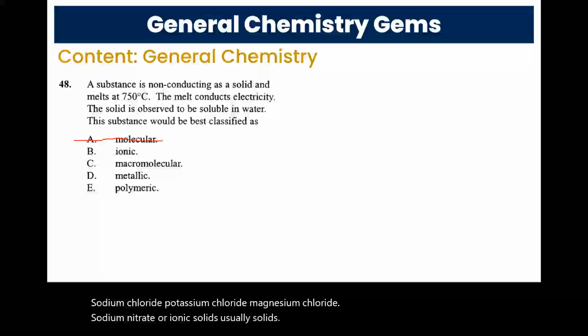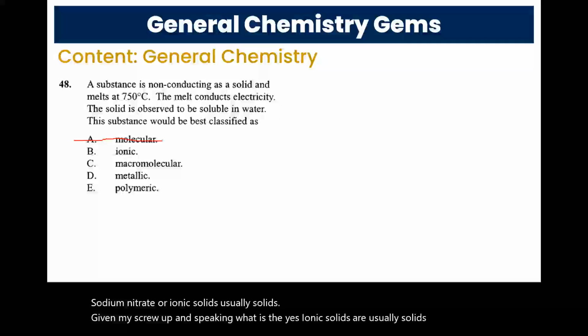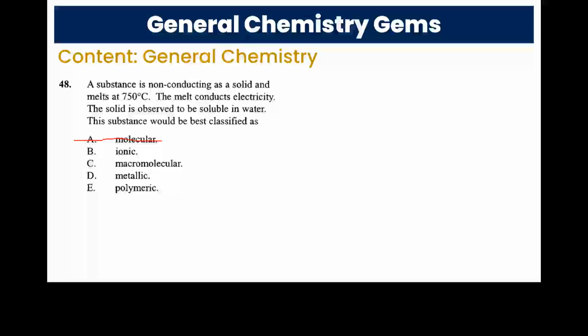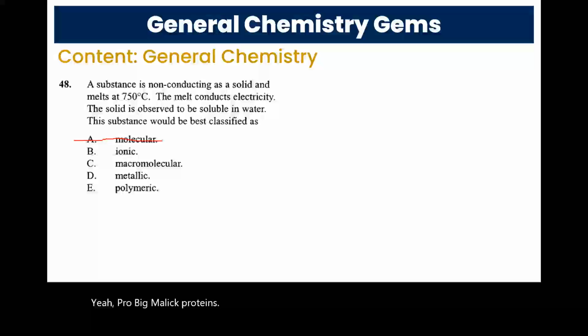Yes, ionic solids are usually solids. So don't eliminate that. Are macromolecules usually solid? Yeah, big molecules, proteins and fats and sugars. Yeah, they're usually solids. Are metallic compounds usually solids?